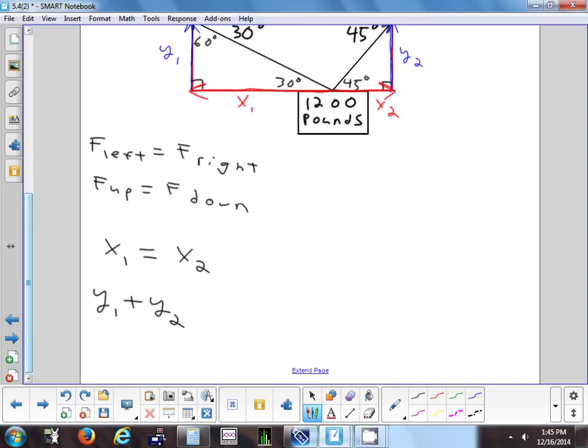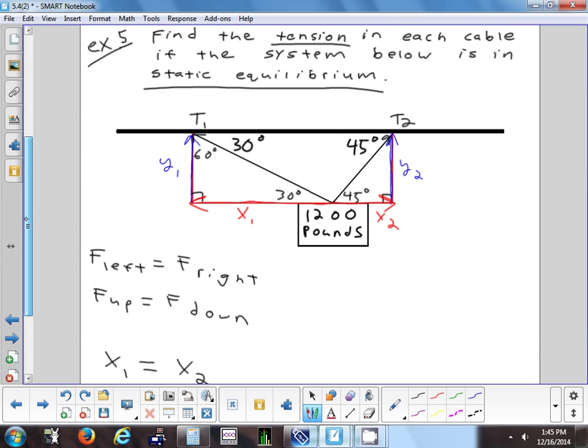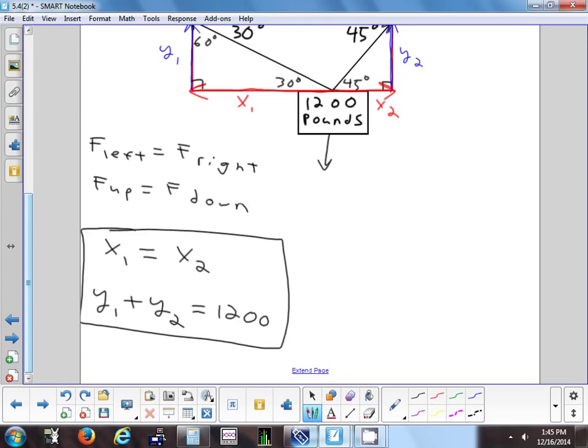It's kind of like if I pulled up with 50 pounds of force and you pulled up with 50 pounds of force, together we're pulling up with 100 pounds of force, lifting it. So total force up. What's the force down? The 1,200 pounds. That's because of gravity. So that's trying to come down. But it's not because it's being held up. Okay, any question on that?